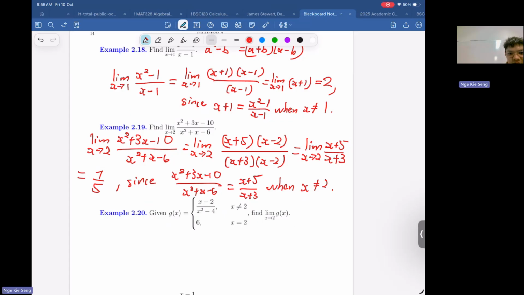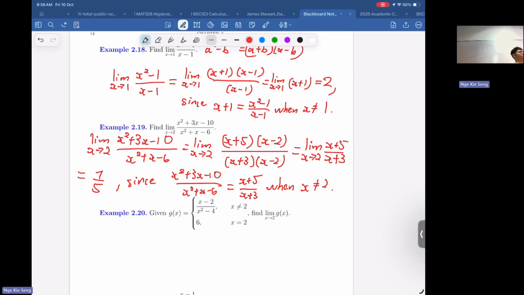Which one? Do you want to use L'Hopital here? You cannot use it because it's not infinity over infinity or zero over zero. That's why it doesn't apply here.